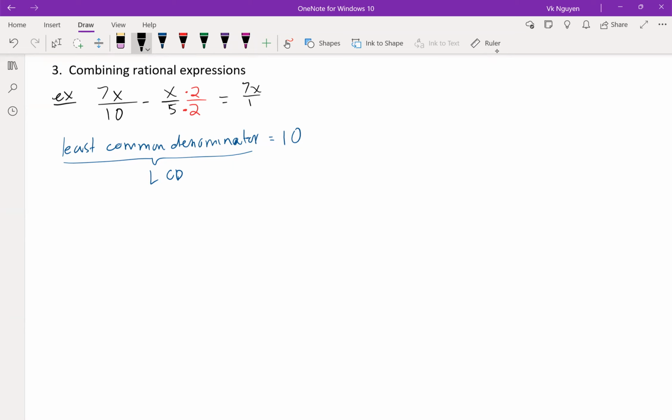That's 7x over 10 minus 2x over 10. 7x minus 2x over the common denominator, 5x over 10. 5x is 5 times x. 10 is 5 times 2. Get rid of the common factor. And we have x over 2.